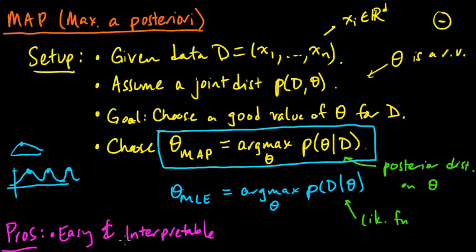Usually the computation is not too much harder than the MLE, and often it has a very natural interpretation as interpolating between the MLE and a prior value determined by this. So this thing right here, right?